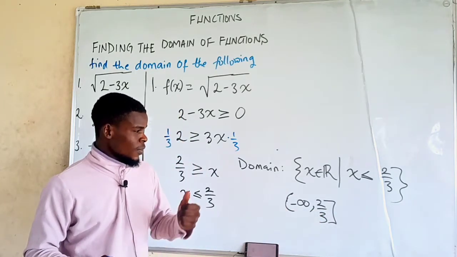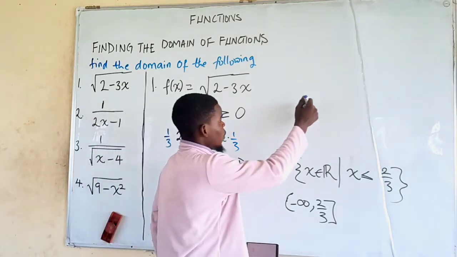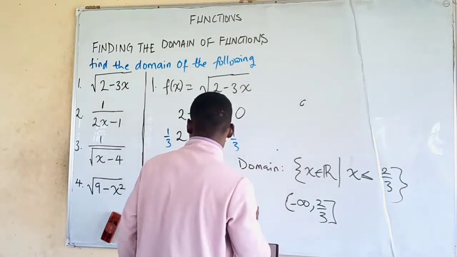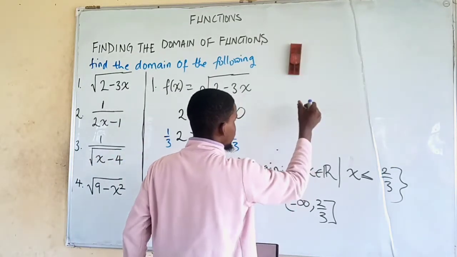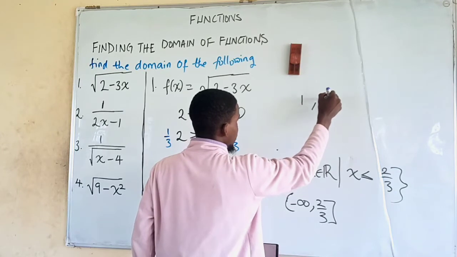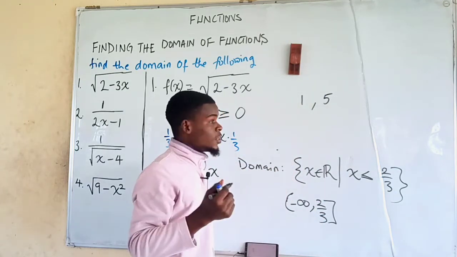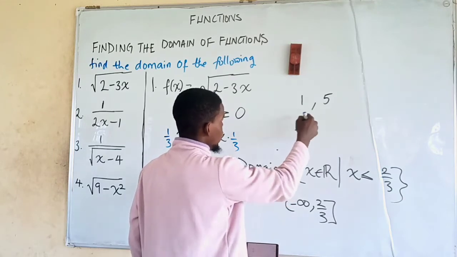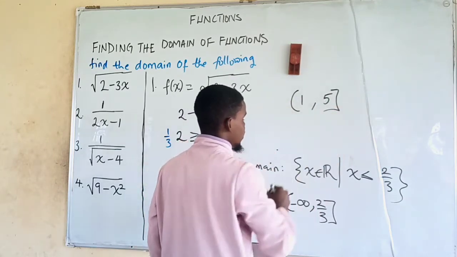Good. Now, when we talk about intervals of two points, let me not use letters, let me use just numbers so that it will make sense. Let's talk about real numbers from 1 to 5, where I open it at 1 and close it at 5.